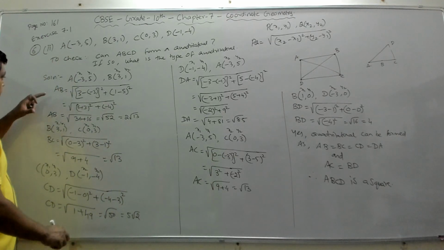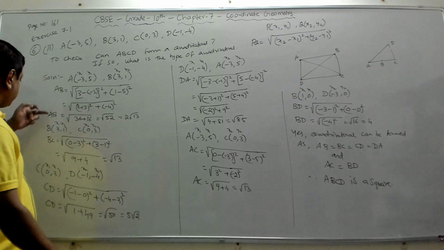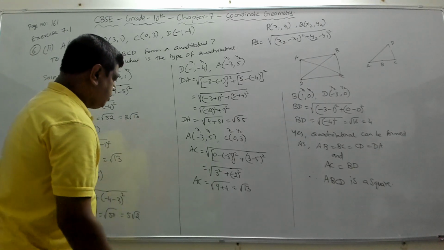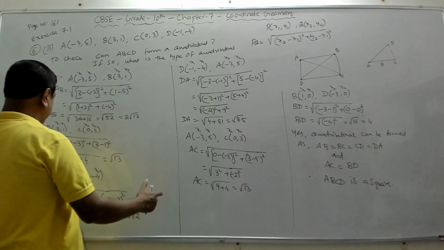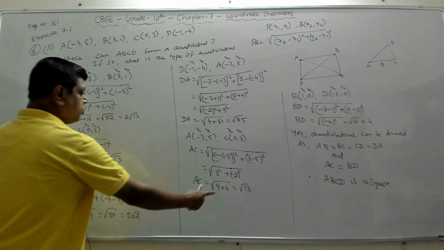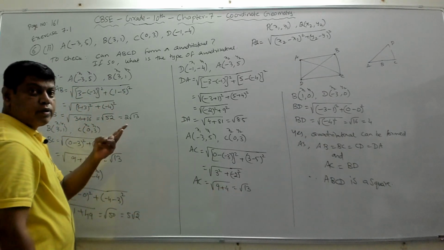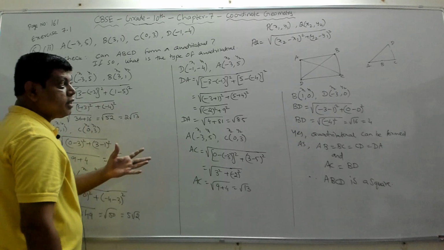Now if you observe AB, BC and AC, what is the sum of these two sides? If you add AB and BC, this is root 13, this is also root 13. Root 13 plus root 13 is 2 root 13. When the sum of two sides equals the third side, then the 3 points are collinear.